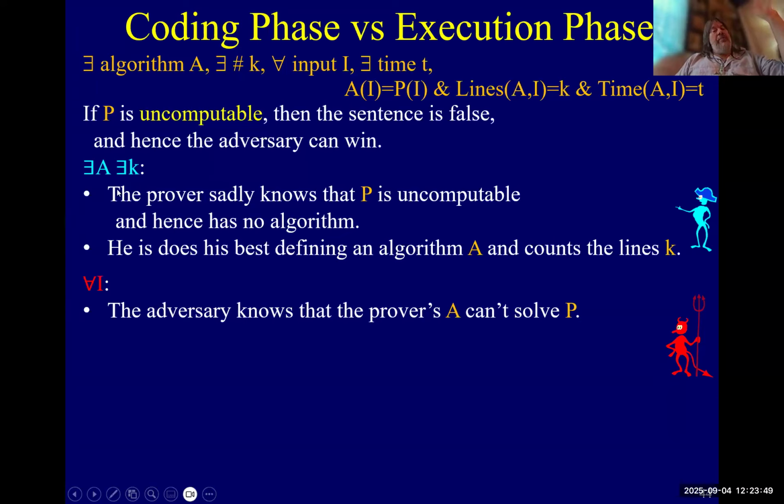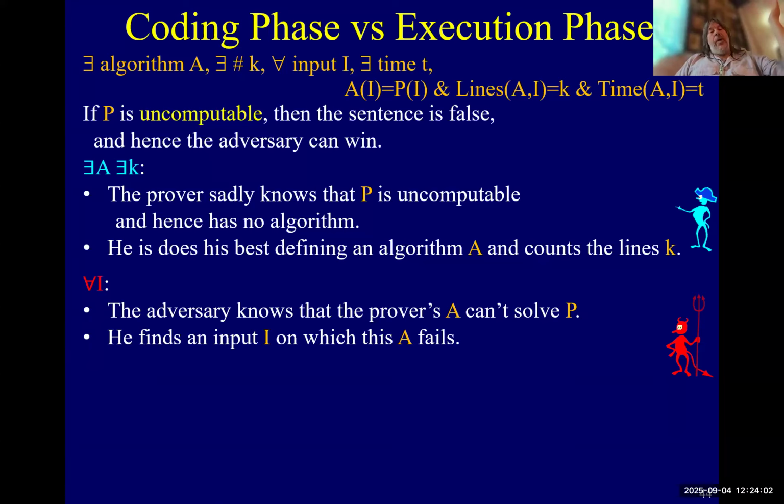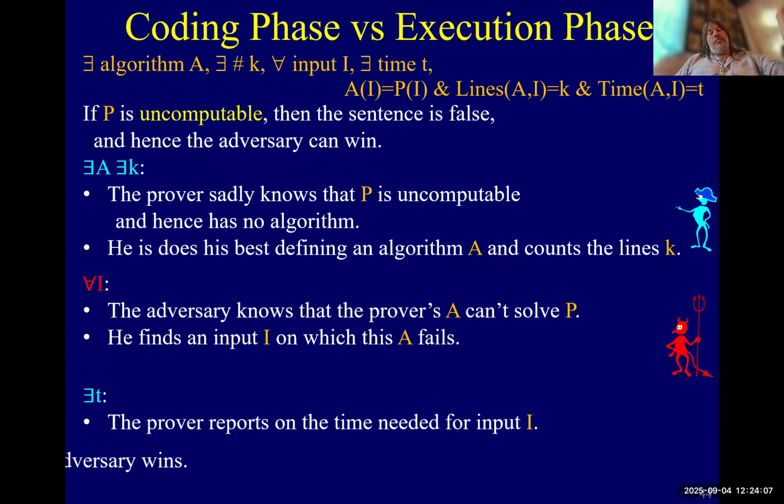So given this algorithm that the prover gave, the adversary can come up with some input on which it gives the wrong answer. Or maybe it gives the right answer, but it takes too long, right? Does that make sense?